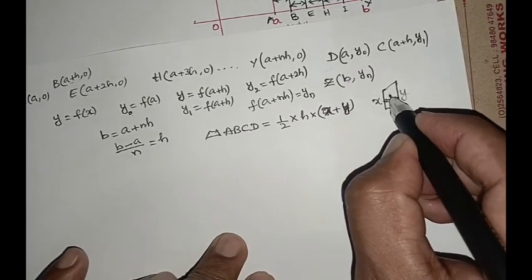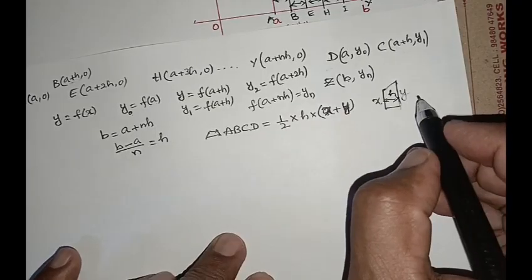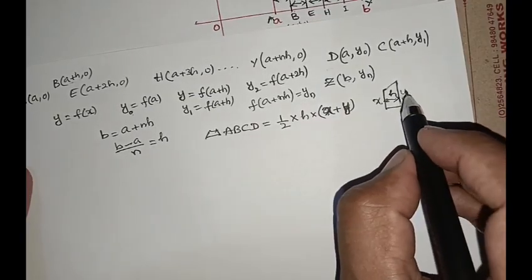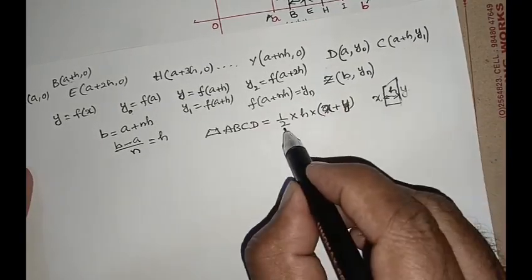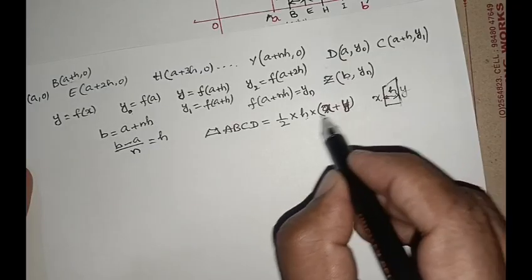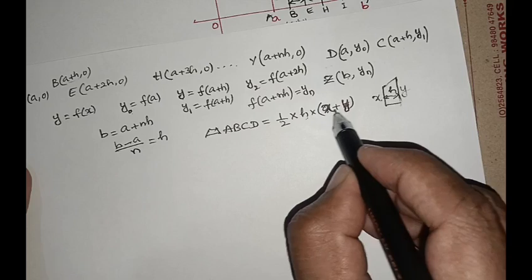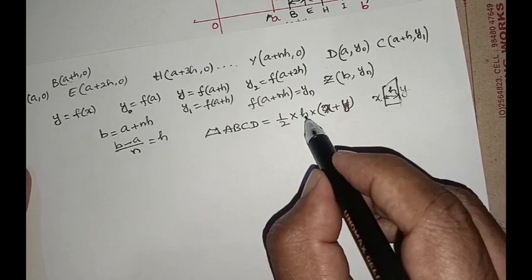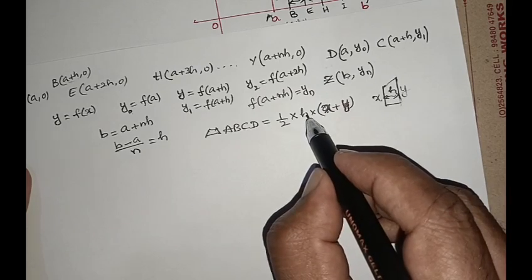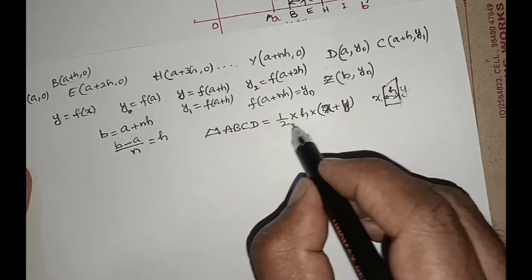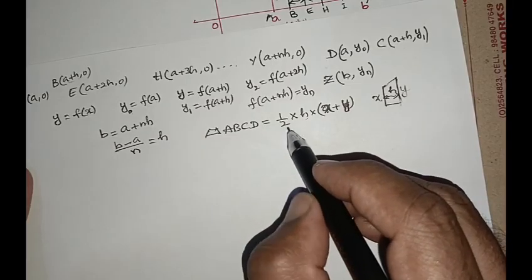Suppose h is the distance between the parallel lines, then the area of the trapezium is given by half h into (x plus y). In other words, the area of a trapezium is half into the sum of the parallel sides into the distance between the parallel sides. This is the area of the trapezium ABCD.